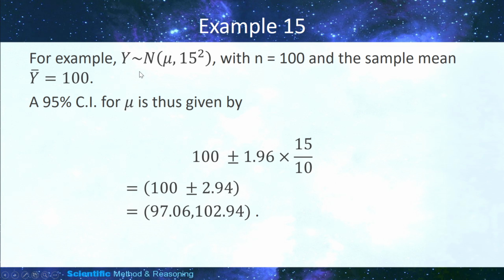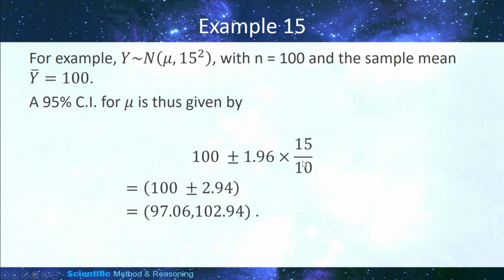For example, y follows a normal distribution with mean mu and variance 15 squared, with n equals 100 observations and the sample mean y bar equals 100. A 95% confidence interval for the population mean is thus given by y bar plus or minus 1.96 times sigma over root n.